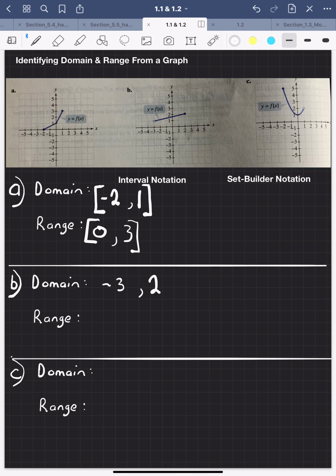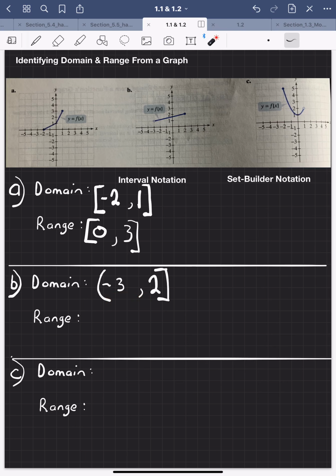All right, so we've already seen that if it is included, we use a bracket, but if it's not included, you gotta tell me that it gets close but doesn't quite get to -3. We use a parenthesis. So I read this: the domain, the input starts at -3, not including -3, and then proceeds to 2.